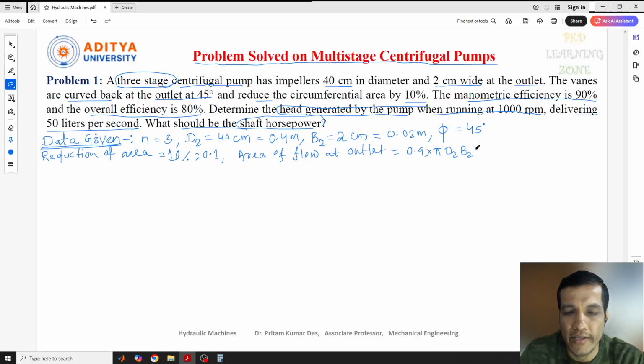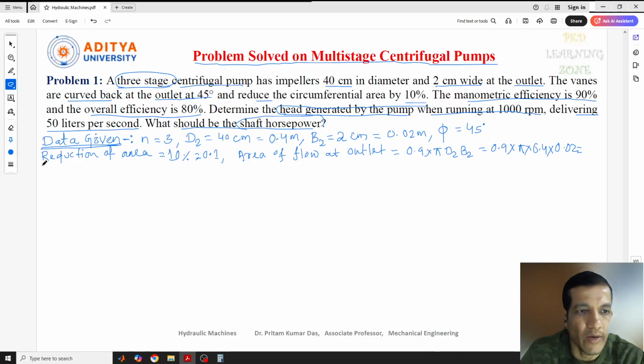So the area of flow at the outlet condition you can write as 0.9 into pi into D2, which is given as 0.4, and B2, given as 0.02. We can calculate this and find out the value of the area of flow at the outlet condition.